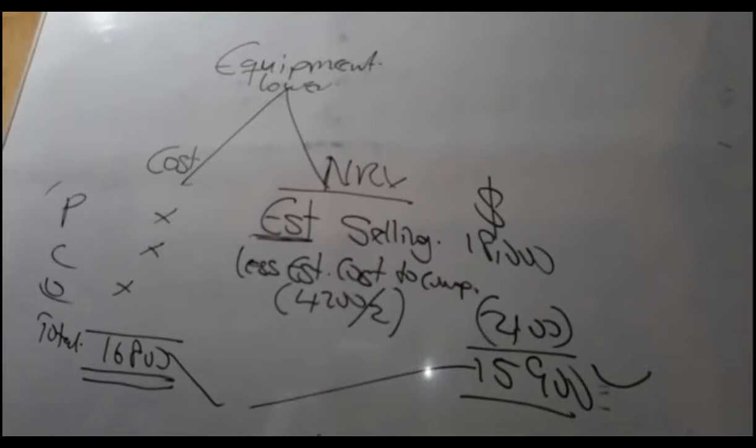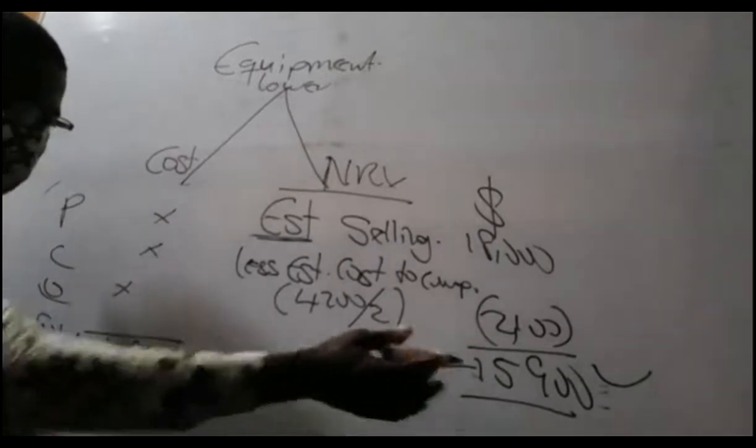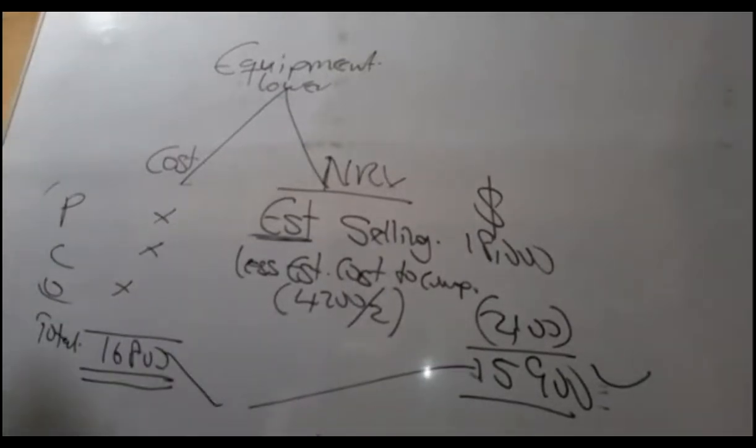Now, anytime NRV happens to be the lowest one, it calls for an accounting treatment. Anytime NRV happens, like for instance here, NRV is lowest, it will call for a special treatment.